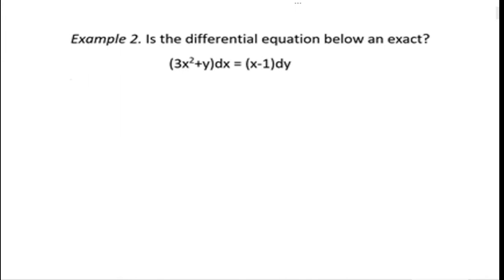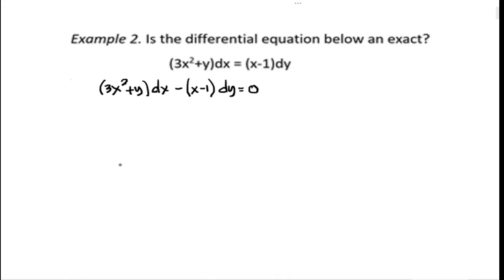So we are going to transpose dy on the left side, which is the typical place for the two terms. I'm now going to write here the 3x squared plus y dx, then minus the x minus 1 dy equals to 0.